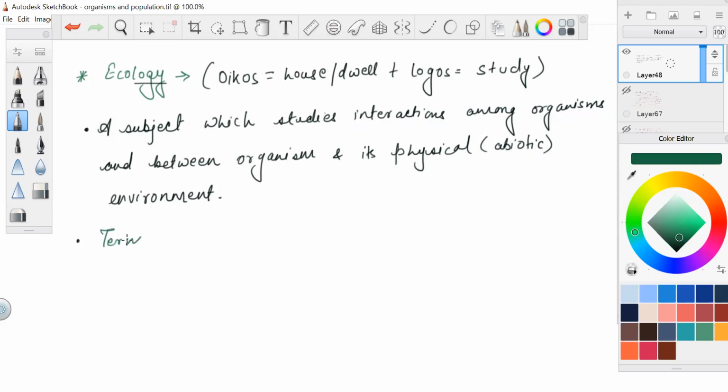The term ecology was given by... Okay, so remember each and everything like term. If a term question is coming, then it's Ernest Haeckel.